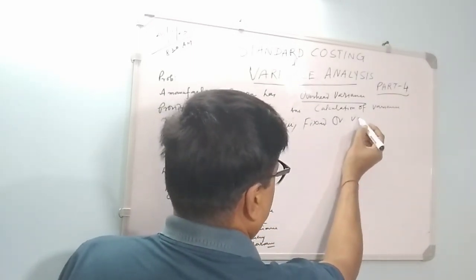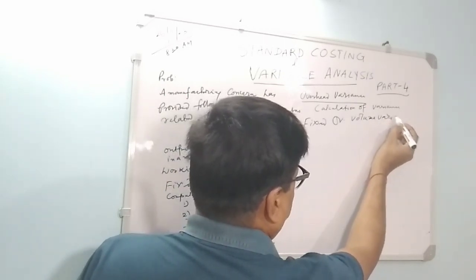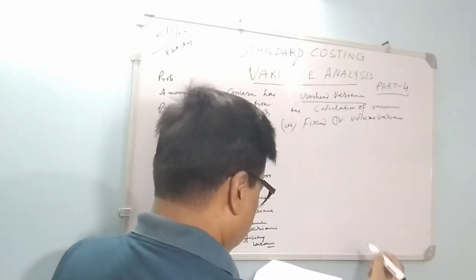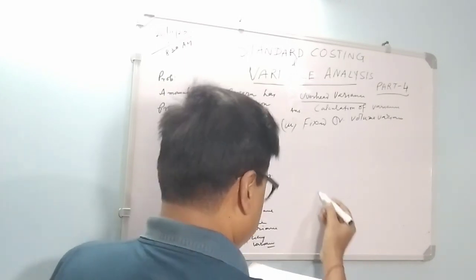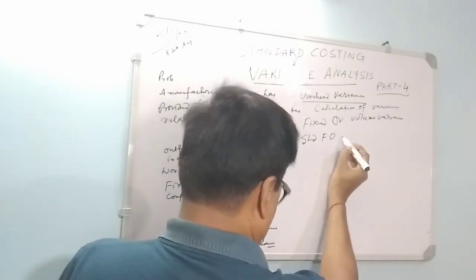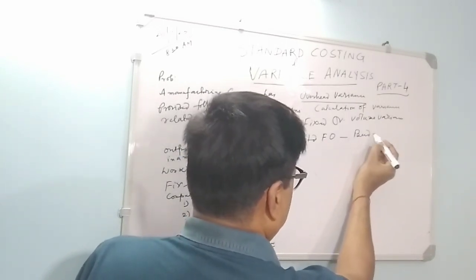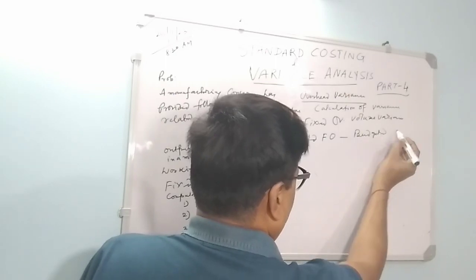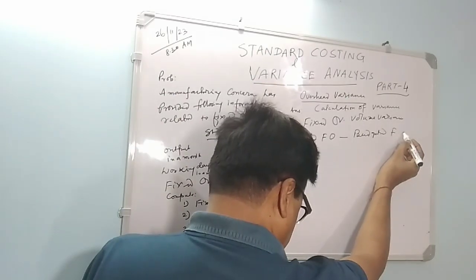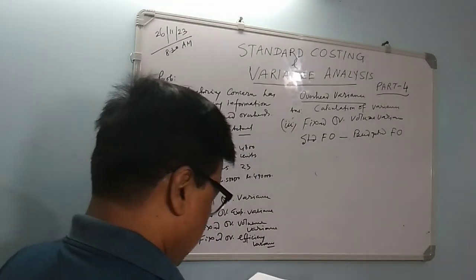What is the formula for fixed overhead volume variance? Standard fixed overhead minus budgeted fixed overhead.